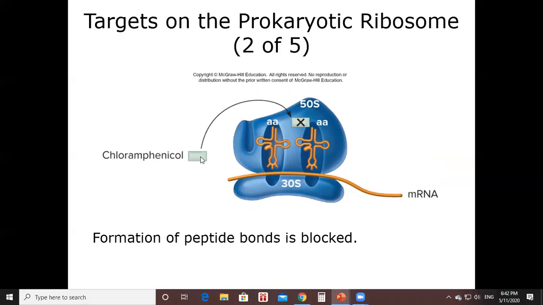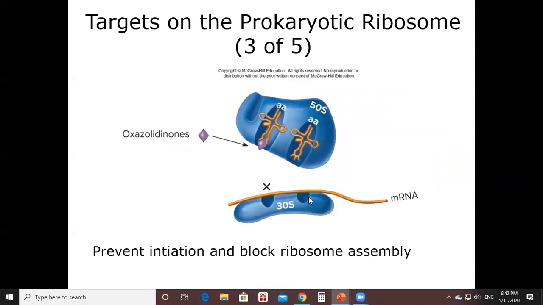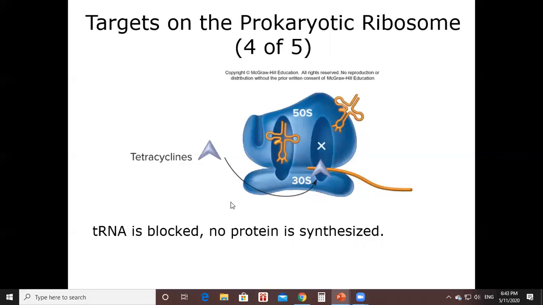This is another one where another antibiotic will actually block the peptide bonds from forming when you have amino acids trying to join. This is another one where another drug will actually block the anticodon site on the tRNA, so it cannot combine with the messenger RNA, blocking protein synthesis.